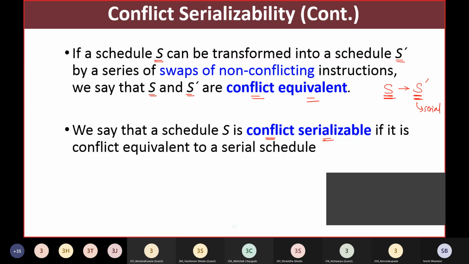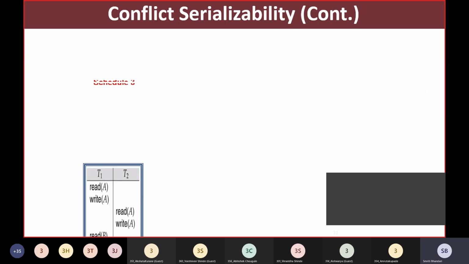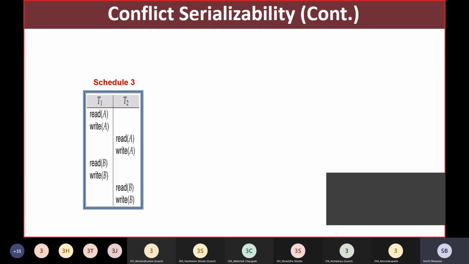So the schedule S is conflict serializable if it is conflict equivalent to a serial schedule. I'm going to explain this concept with an example, and then we'll conclude this session.